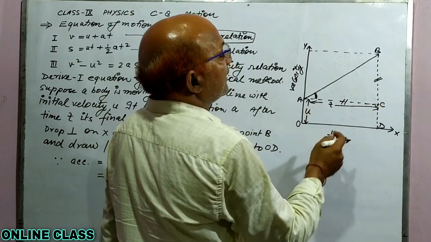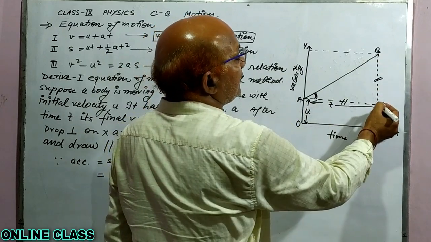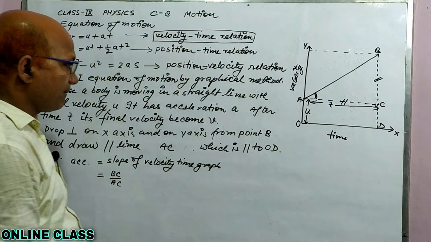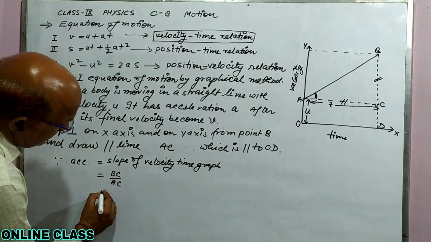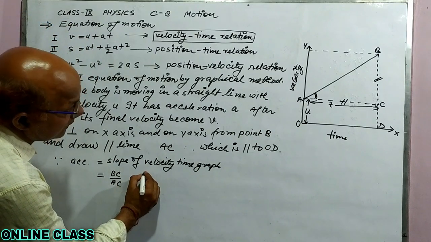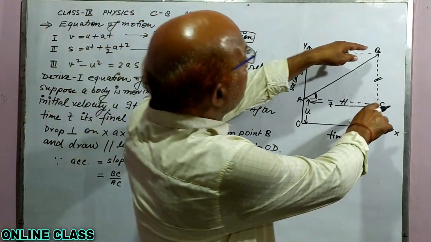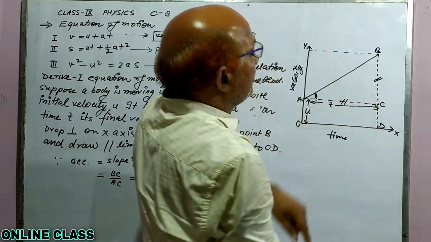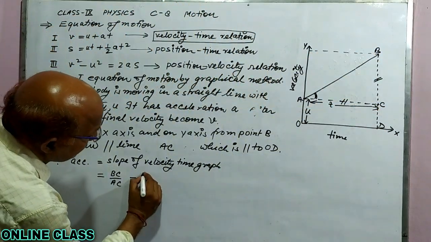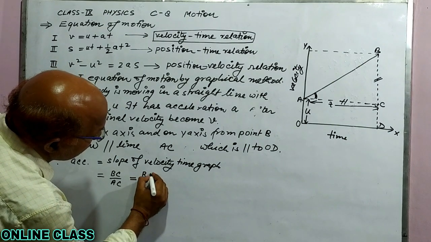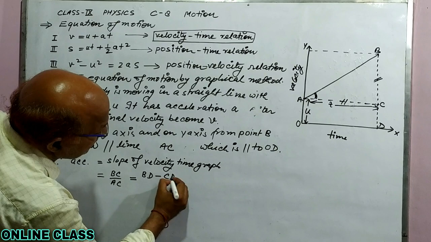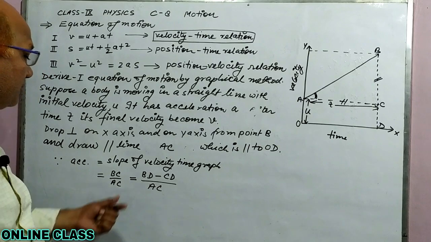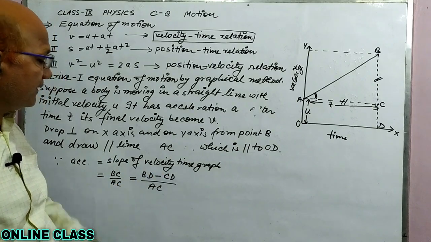So you can write BC as BD minus CD, so slope is BD minus CD upon AC.